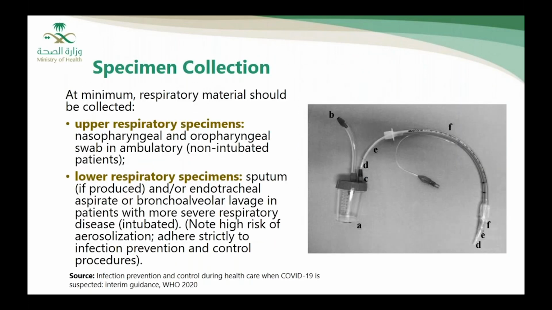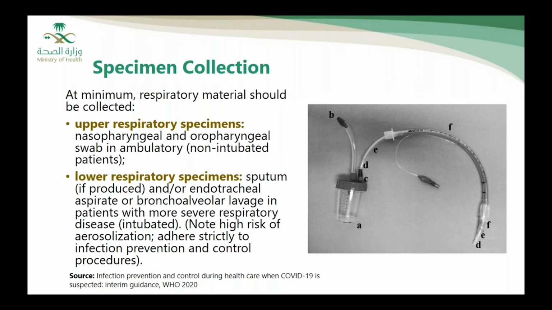How can we take a specimen from the patients? At minimum, respiratory material should be collected. We have two types: upper respiratory specimens and lower respiratory specimens. For upper respiratory specimens, nasopharyngeal and oropharyngeal swab in ambulatory non-intubated patients.